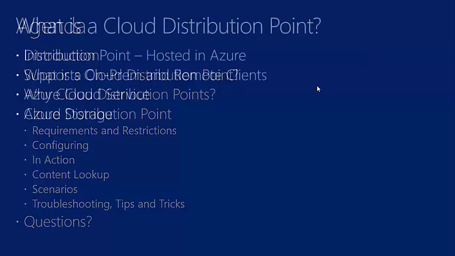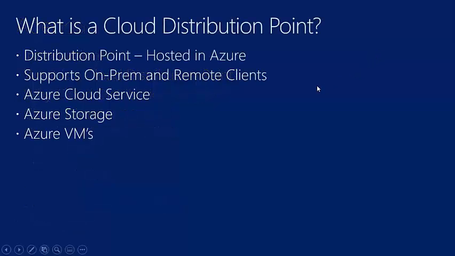First, though, what is a cloud distribution point? Put simply, a cloud distribution point is a distribution point hosted in Azure, and hosted because it's really a platform as a service kind of configuration. A cloud distribution point supports both on-prem and remote clients, no problem.